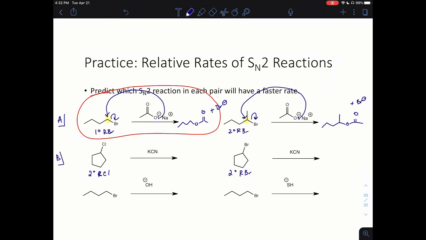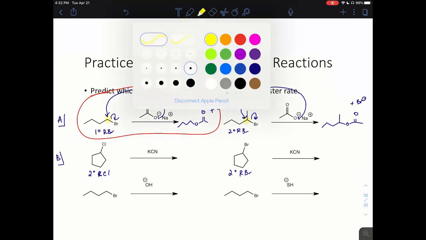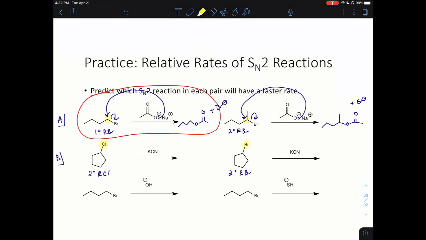But it's the leaving group that actually matters this time. So we have chlorine versus bromine. So for both of these reactions, we'll have cyanide attacking sigma star C-X and displacing the halide. So we'll end up with the alkyl nitrile and chloride versus the alkyl nitrile and bromide.